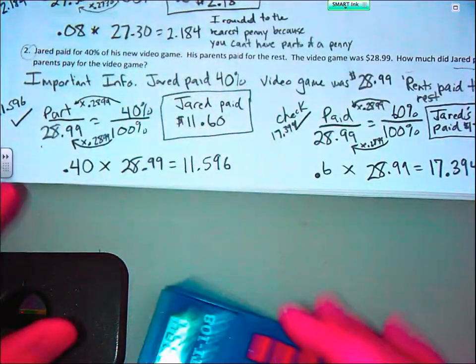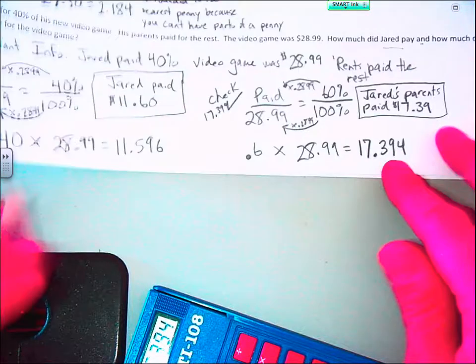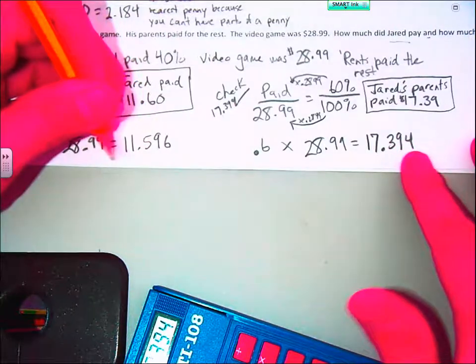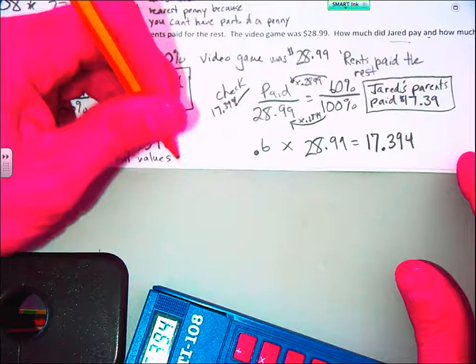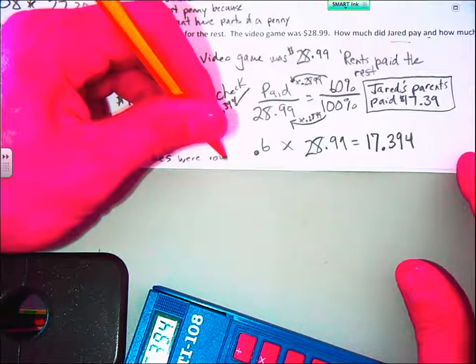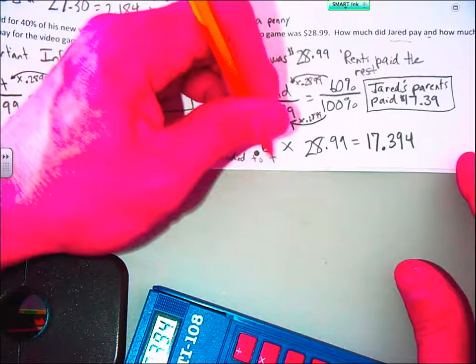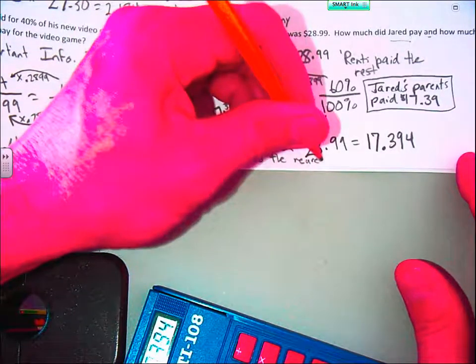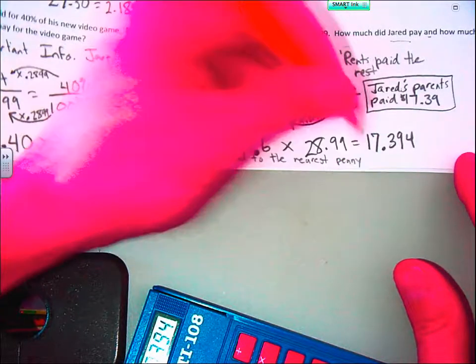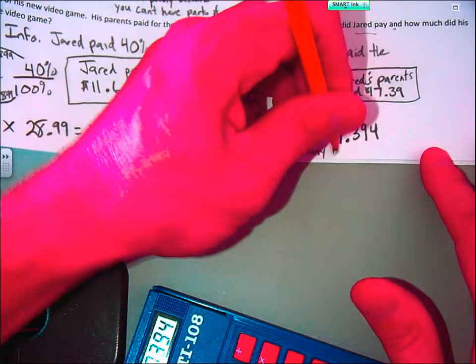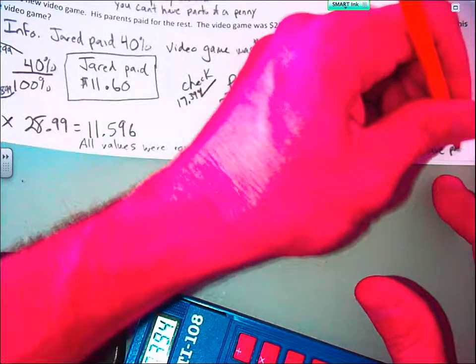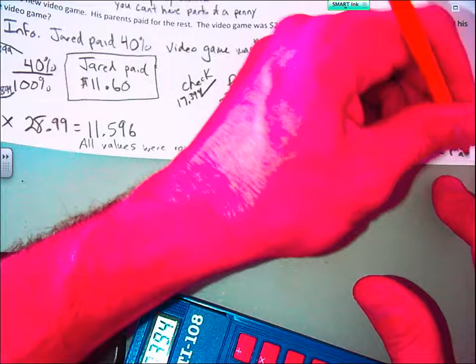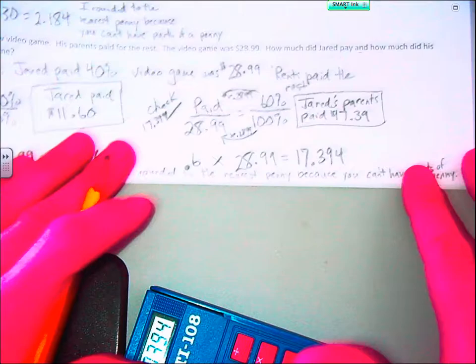I would need to write down for both of these somewhere along the line of all values were rounded to the nearest penny because you can't have parts of a penny. Before I finish this, there's another way I could have done this.